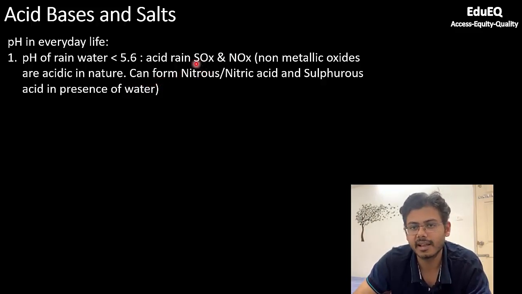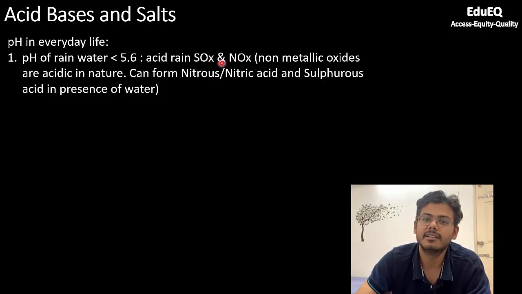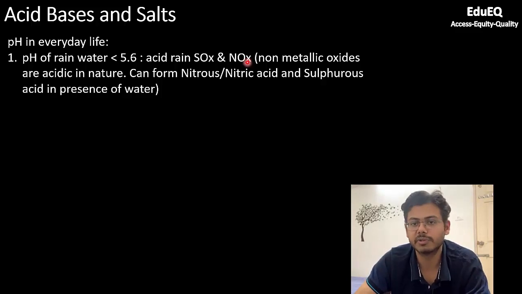Like this can react with water to form sulfurous acid, or even sulfuric acid if the concentration is right. This can form nitrous acid or nitric acid when it reacts with water in the atmosphere. Now I would like you to write the equations for formation of sulfurous acid from SOx, and also nitrous acid and nitric acid from NOx.